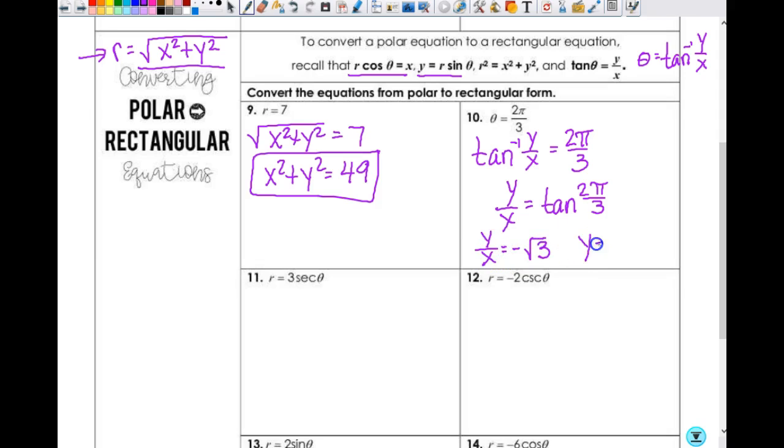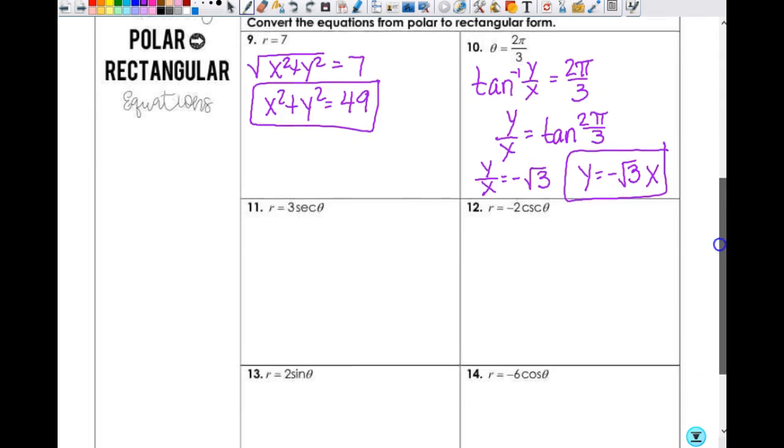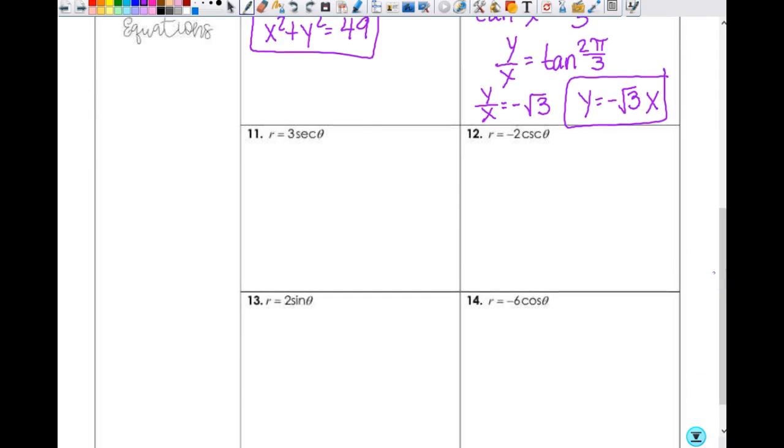That means y equals negative square root of 3 times x, and we're good. It doesn't really matter where you put the square root of 3 as long as your square root sign isn't crazy. That's it. Okay? Everybody okay with that? Ask me questions if you have questions. I just multiplied both sides by x to get y by itself. That's all I did. All right, so now let's look at 11.